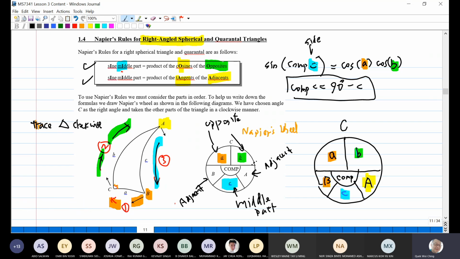So I have this right here: sine of com C equals tangent of com A, tangent of com B.